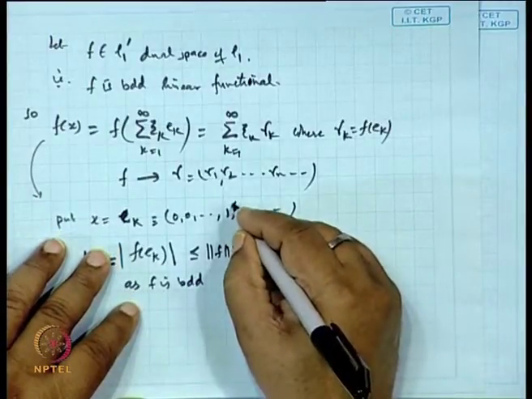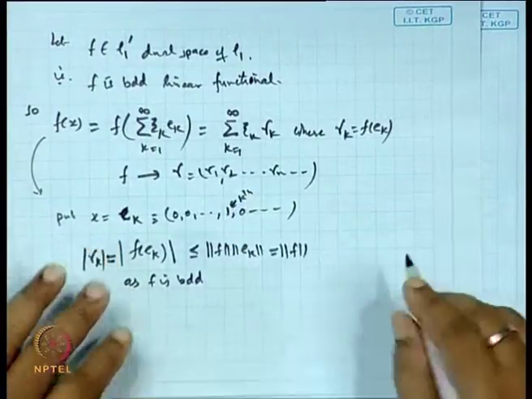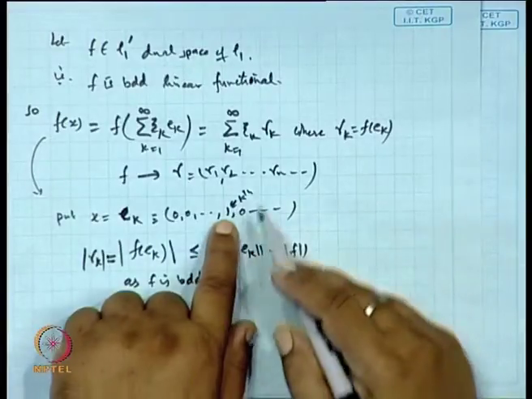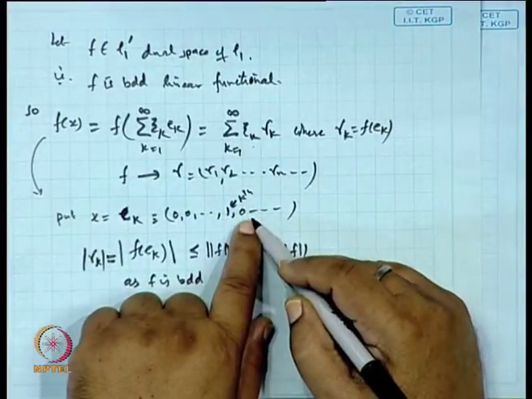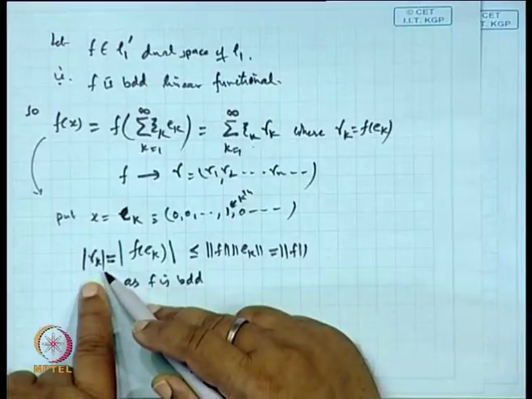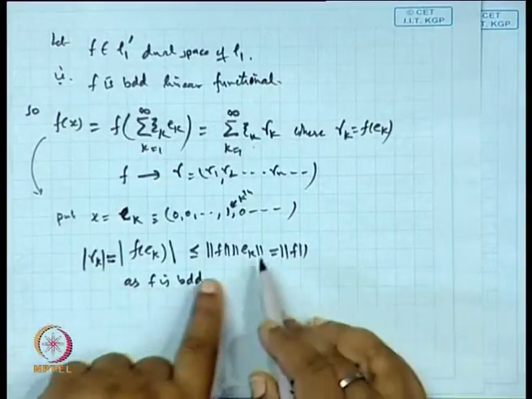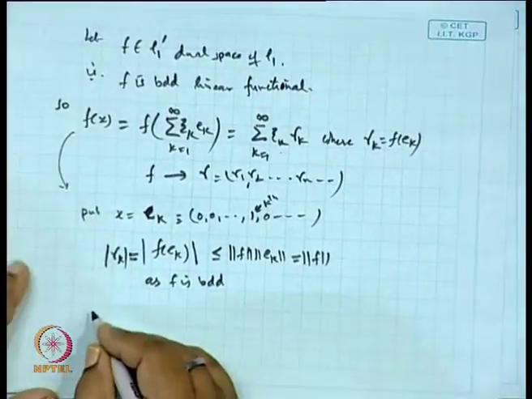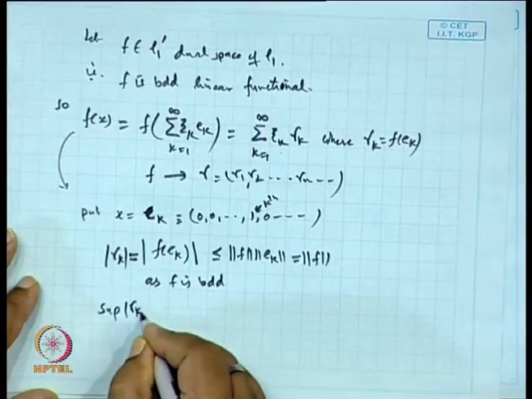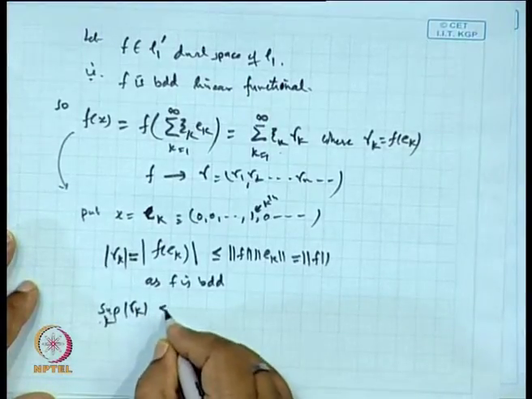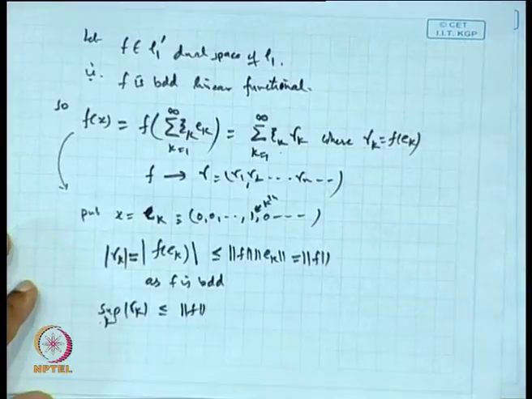So, 1 is at the kth place and the rest is 0. So, xi k will be 1 and the rest will be 0, so only you are getting gamma k. Clear? So, mod gamma k is less than or equal to norm f. Therefore, supremum of mod gamma k over k is finite.